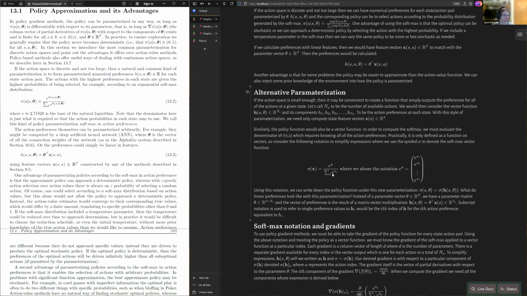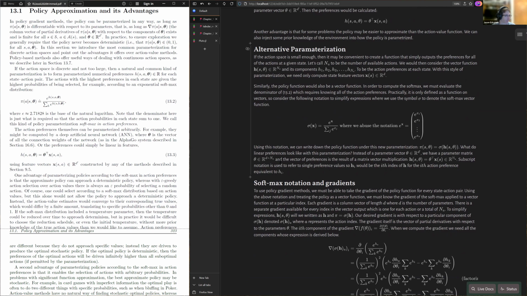This expression contains all of the components of the softmax. Our policy function now operates on the state using the parameters theta, and it is just the softmax applied to the preference vector function.